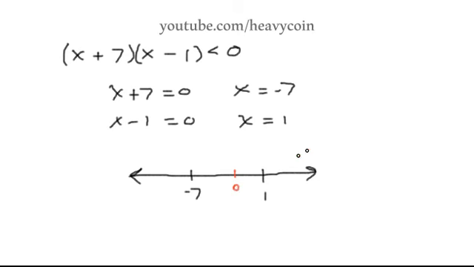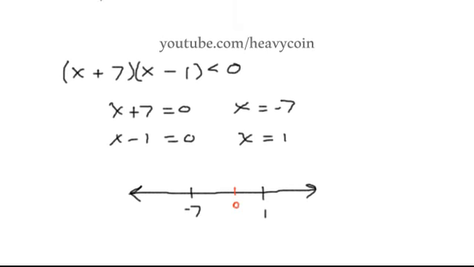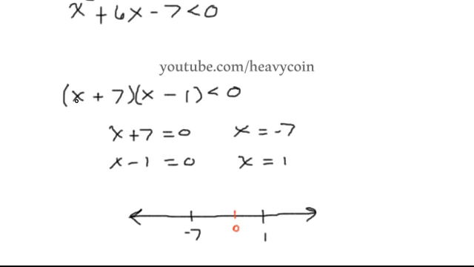So you want to take 0 and plug it into the factored one here. So 0 plus 7 is 7. 0 minus 1 is negative 1. And 7 times negative 1 is a negative number, and that means it's less than 0. So that means that this stuff in here is going to be our solution, all the numbers between negative 7 and 1.